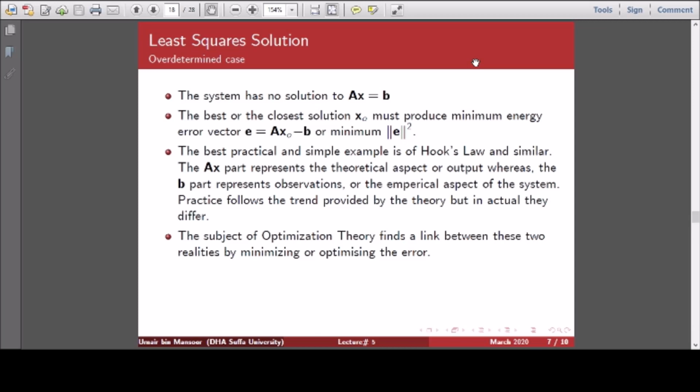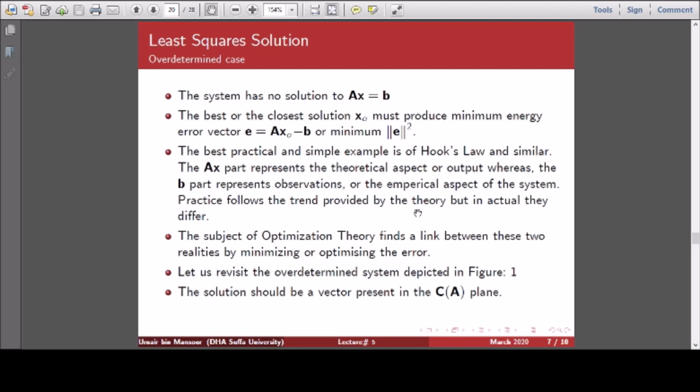So the subject of optimization theory is applied, where it works in order to minimize this error. It's going to provide you a solution to this system that will produce the minimum error.